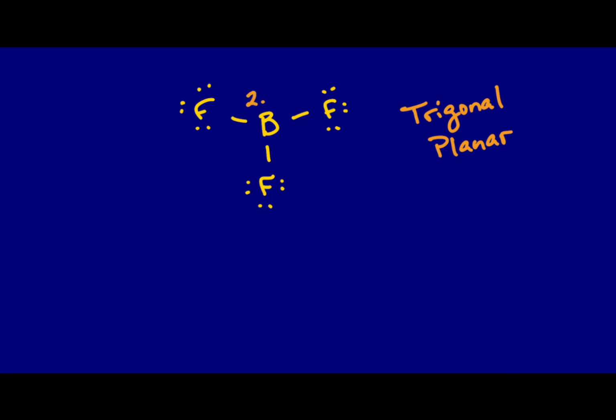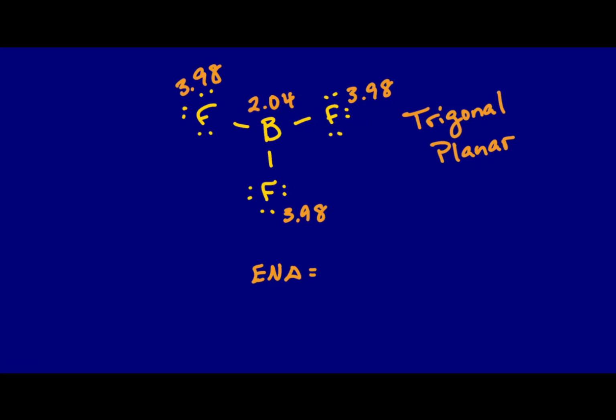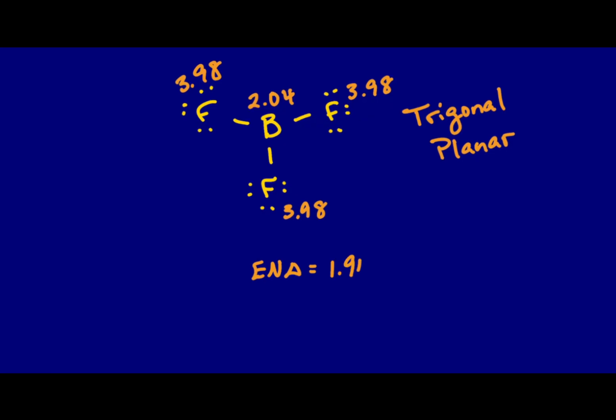Boron has an electronegativity of 2.04, while the fluorines have electronegativity values of 3.98. When we find the difference in our electronegativity values, our difference is going to be 1.94. So each one of these bonds is very polar.